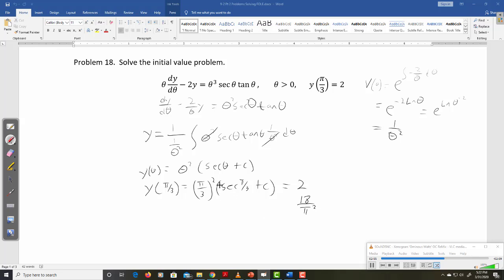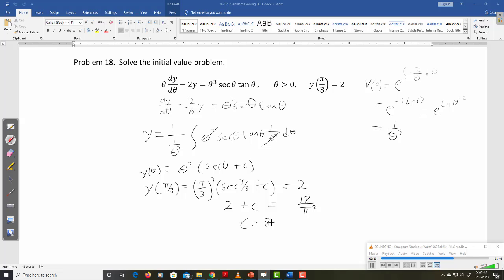Secant of pi over 3. Cosine of pi over 3 would be 1/2. So secant would be 2. So 2 plus c equals 18 over pi squared.